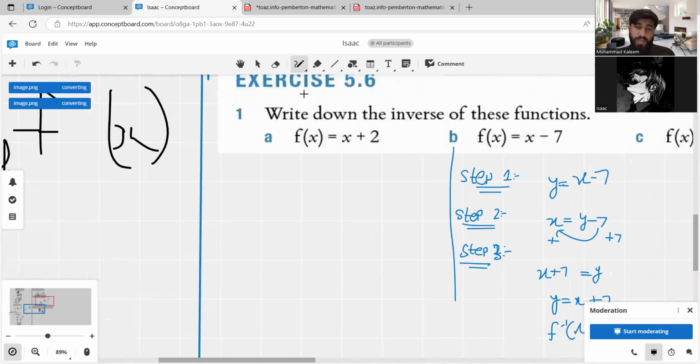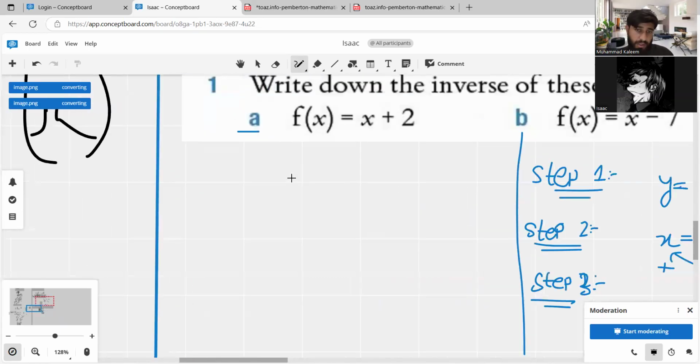You have to solve this one on your notebook if you want. If you want to solve here, it's your choice. Yeah, I'll solve on the board.